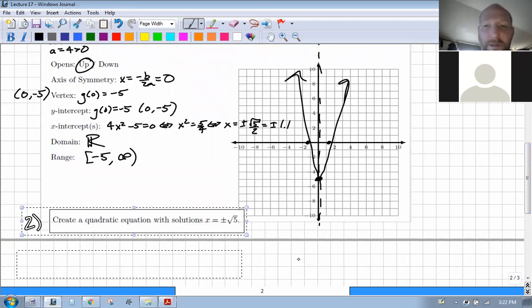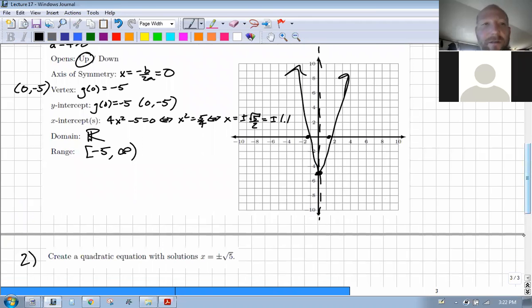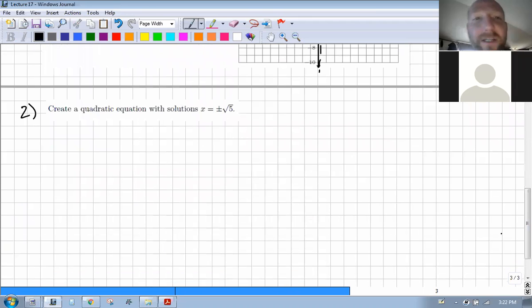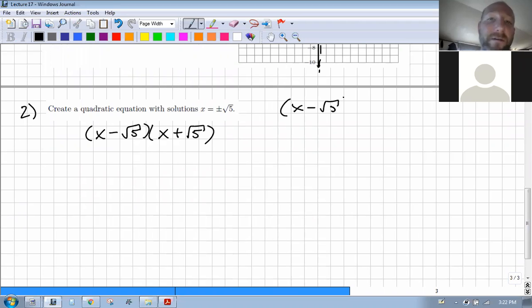So for number 2 here, create a quadratic equation with solutions plus and minus √5. Well, what you do here is you just take x minus √5 and x plus √5. Technically, what I'm doing is taking x minus each of the roots.